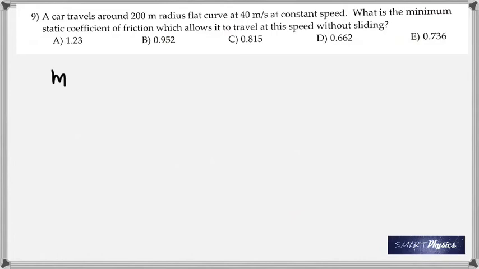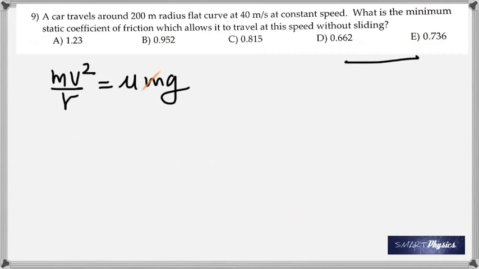And friction is given by mu Fn. In this case, it's mu mg. Why? Because if it's a level road, then the entire weight mg becomes the normal reaction Fn.